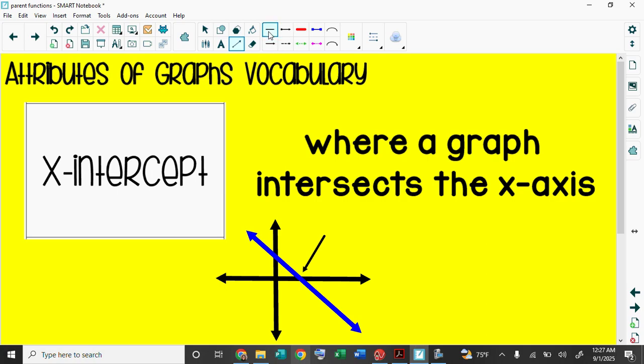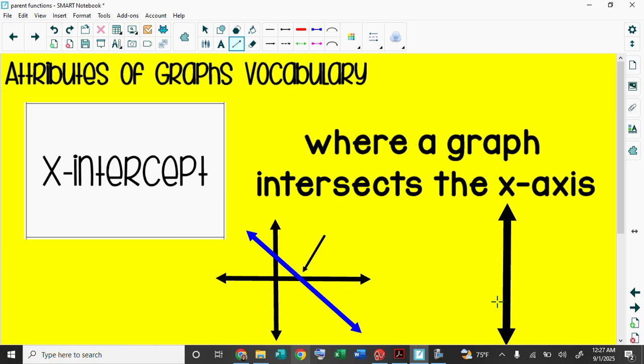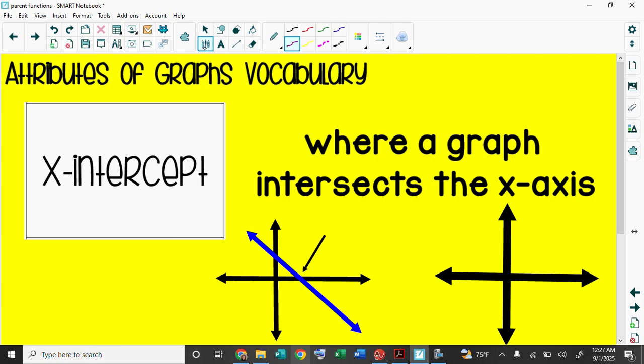Now, I could have another graph. So I'm going to get my x and y axis again. There's that. It doesn't always have to be a line.